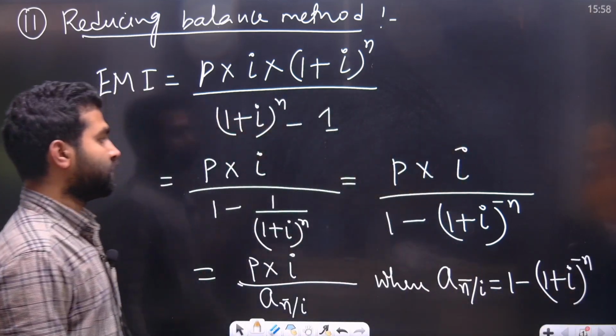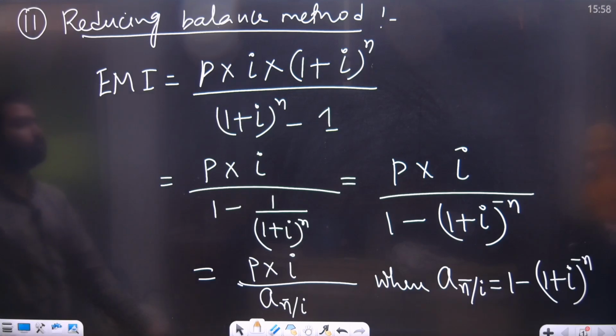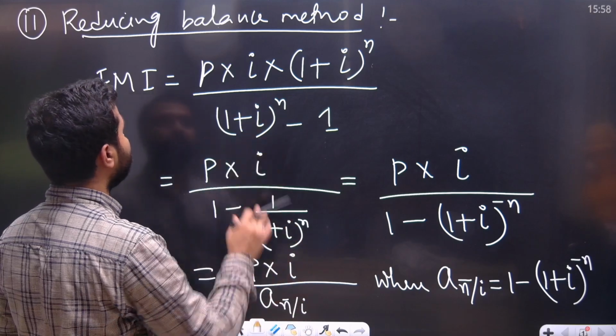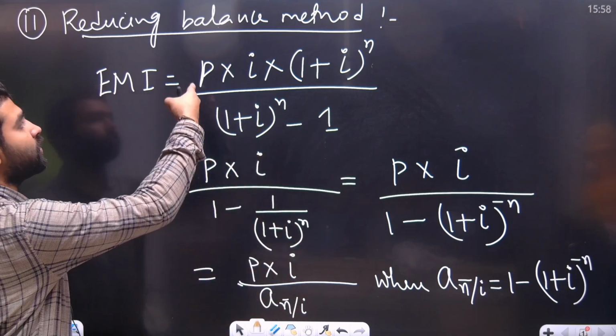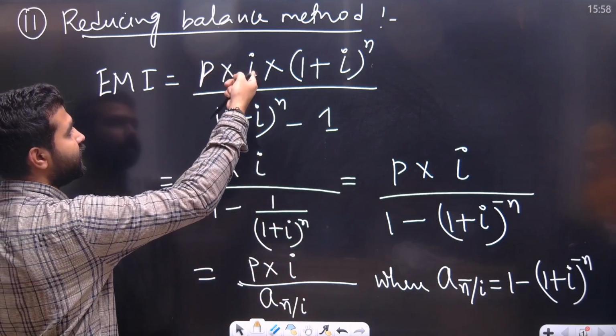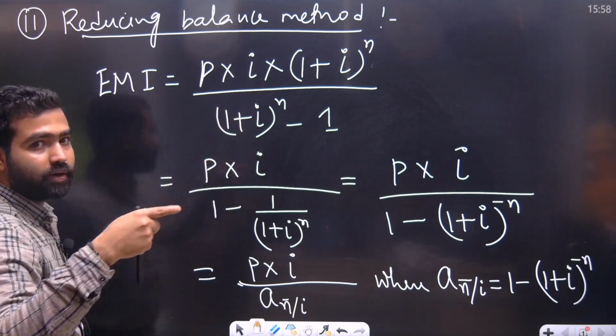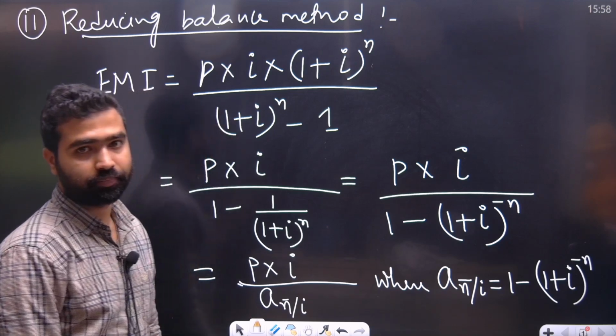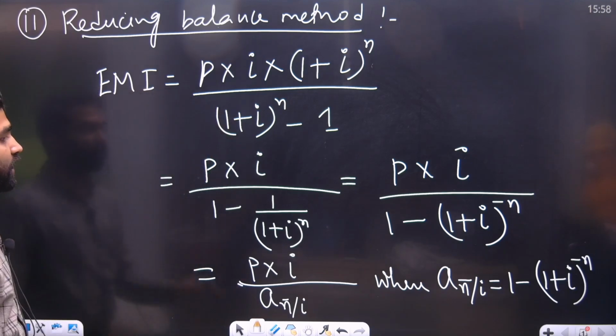Okay, so this is the formula that we will be using for EMI in reducing balance method, where P is your amount borrowed, I is your rate of interest per month, n is your number of payments, just like the flat rate method.